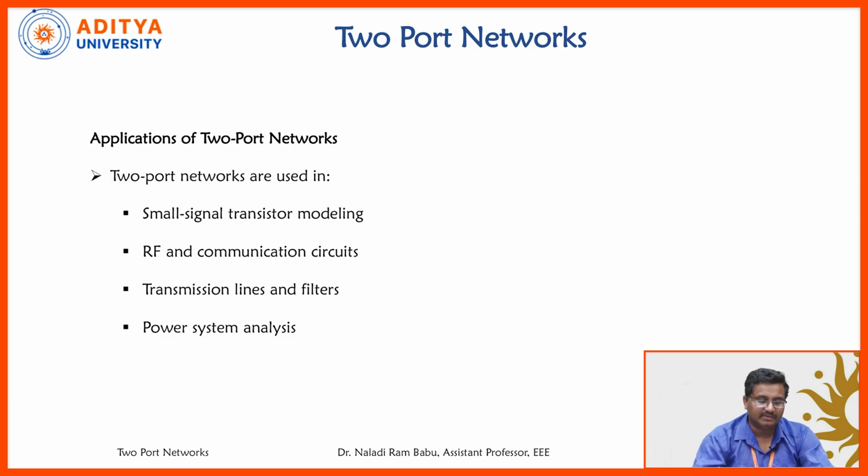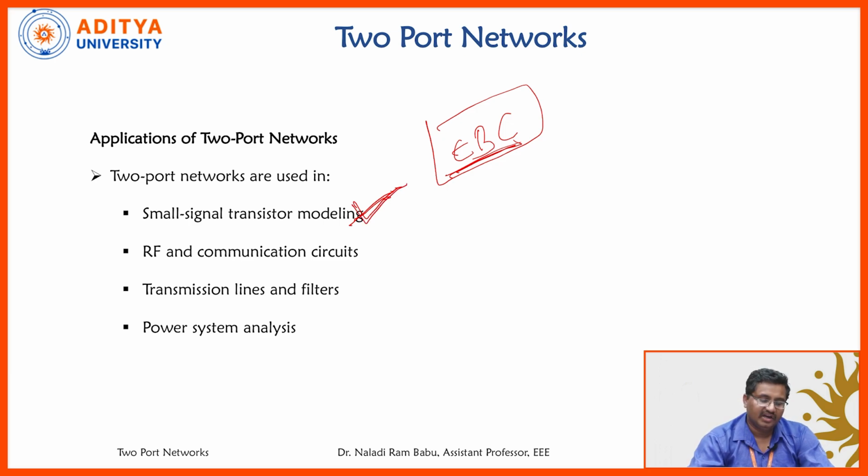Now coming to the application part, two-port networks are mainly used for small signal transistor modeling. In small signal transistor modeling, we will have a transistor where emitter, base and collector will be there, with input current, output voltage, input voltage and output current. During that modeling, in the small signal analysis, this two-port network will be useful.